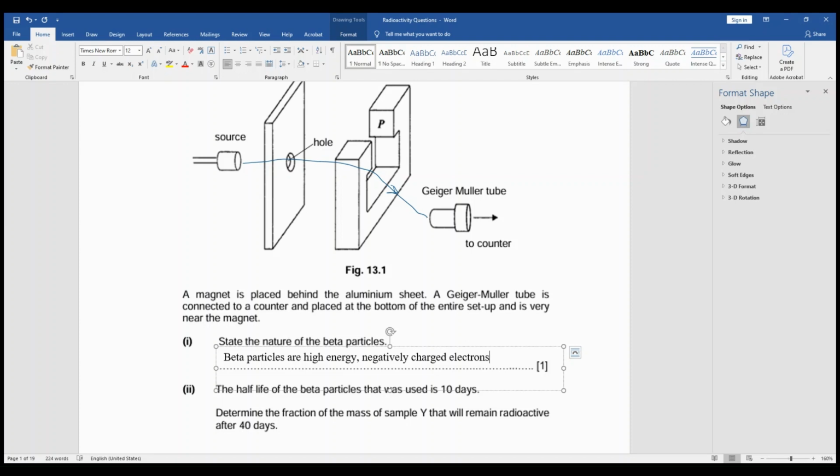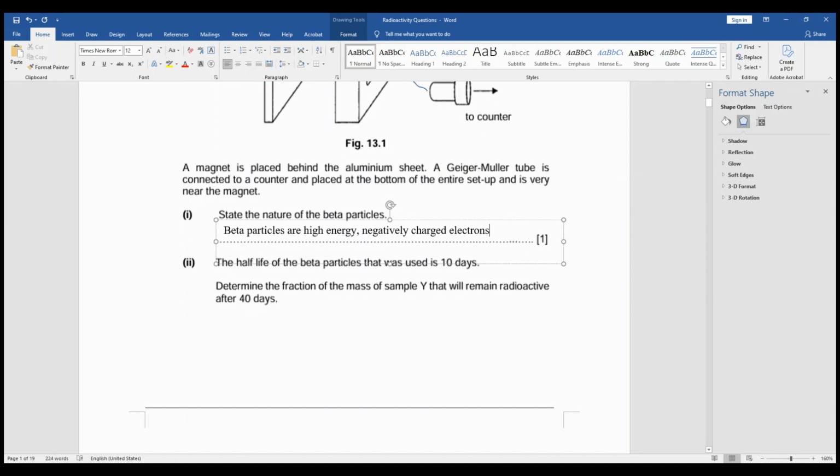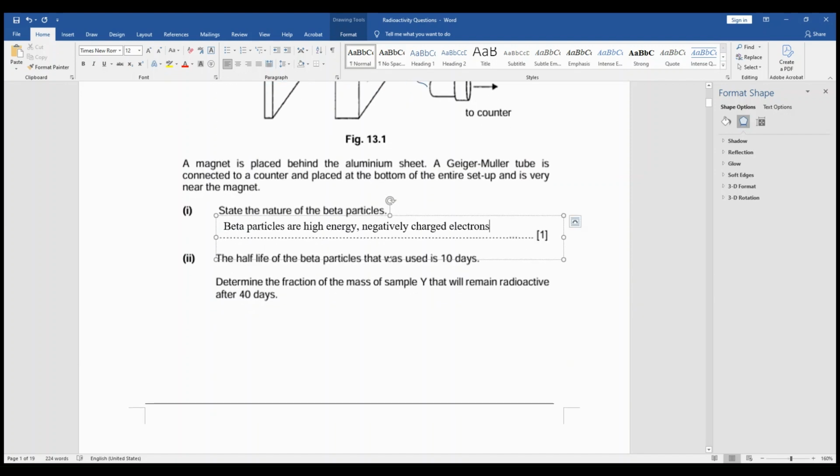Okay, very full answer. We describe all parts of it. Negatively charged, high energy, at the same time saying that it's an electron. Okay, that's good enough.